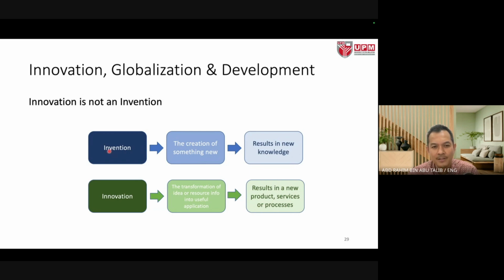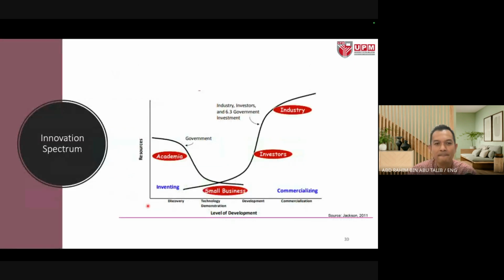So that's the differentiation between invention itself and innovation. Basically, you can see here, innovation is larger, the big umbrella. Invention is part of the innovation process.